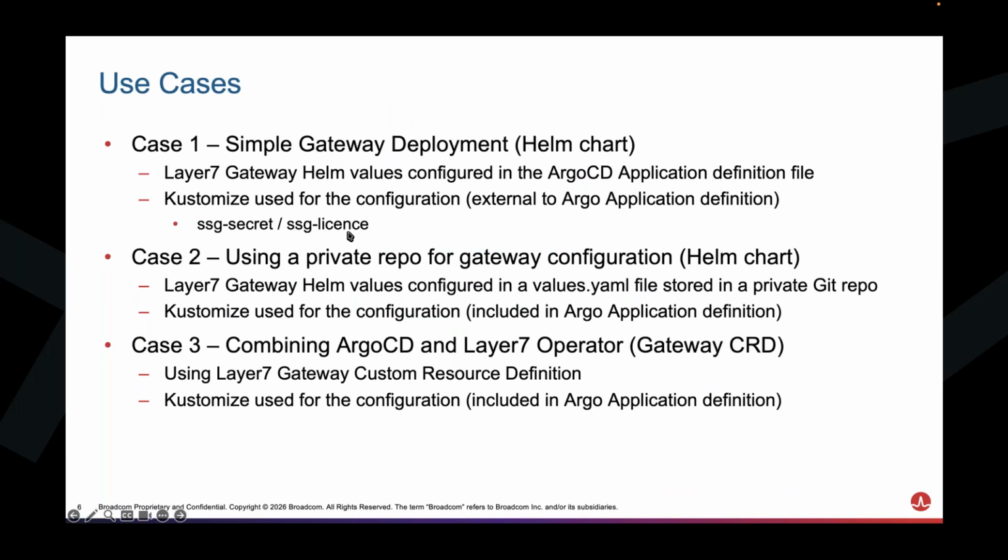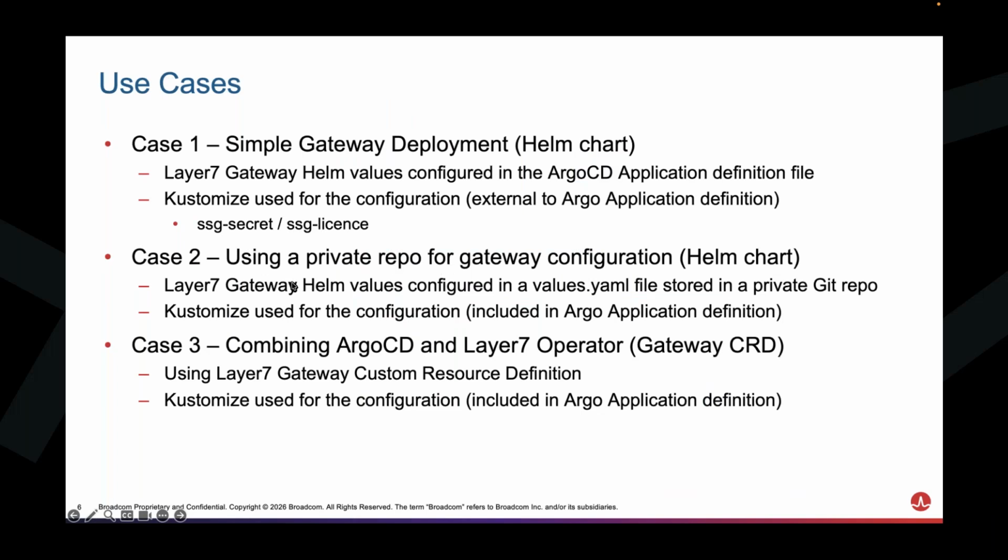The second use case is an extension of this first use case, where you don't want to mix your application definition and your application configuration. The definition of the application is a reference to my Helm chart, but the values to configure my application are defined in a values file that is referenced in my private Git repository.